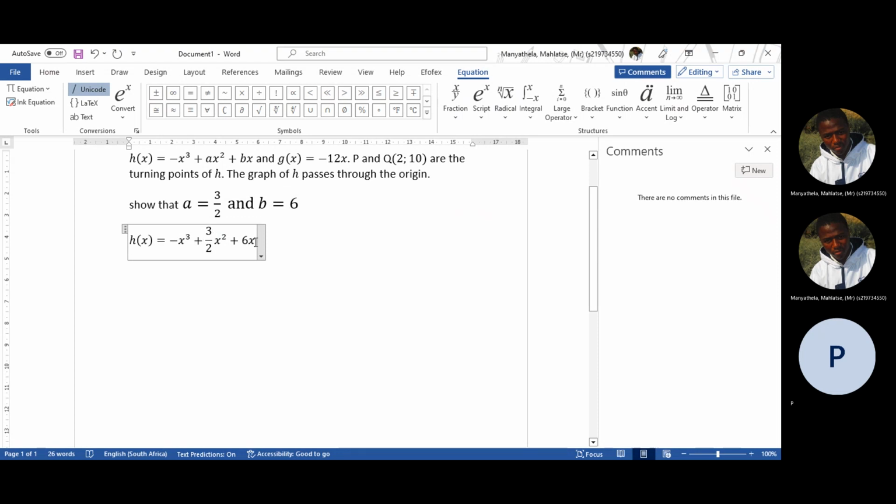So I wanted to show you something. When they say the graph passes through the origin, it means that the graph will intersect the x-axis and the y-axis at the point 0.